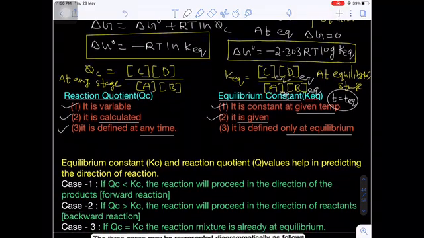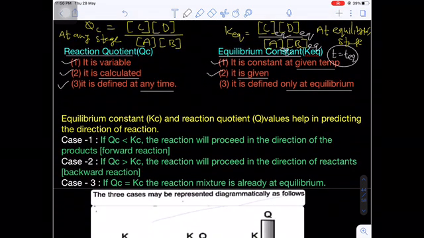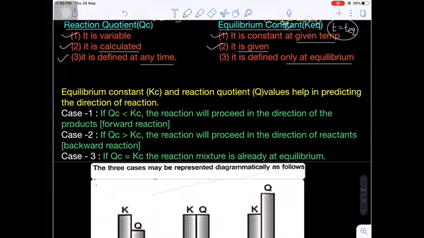Now here, depending upon the equilibrium constant Kc and the reaction coefficient Qc, we can predict the direction of the reaction.